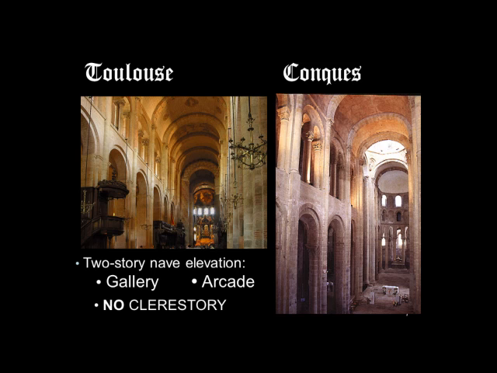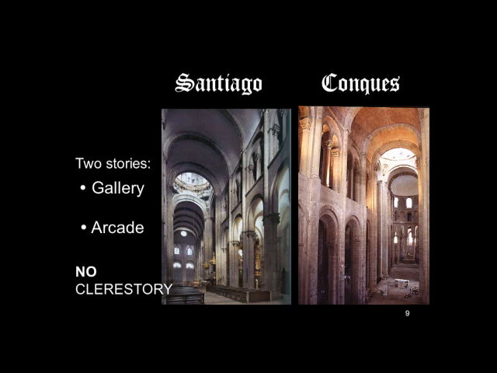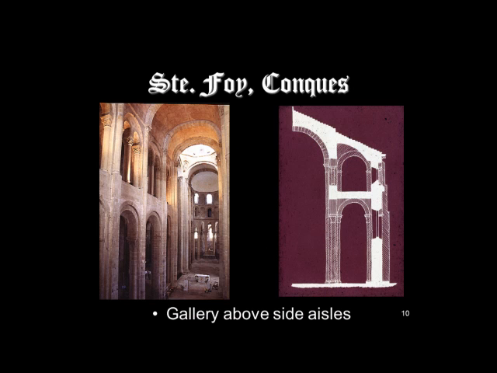It's what you find at Santiago and Toulouse, and here again at Conques. And here you see it at Santiago. Vertical colonnettes rising, the transverse arches cross over the tunnel vault. And then you have this 2-story elevation with the arcade and the gallery and no clerestory. So, pretty much the same, except for the size and the scale.